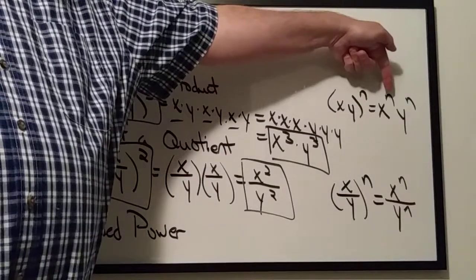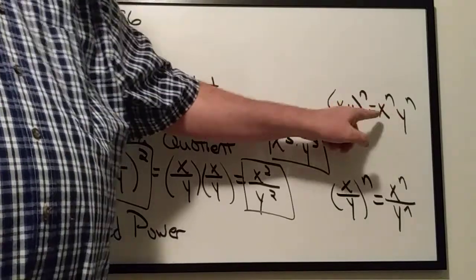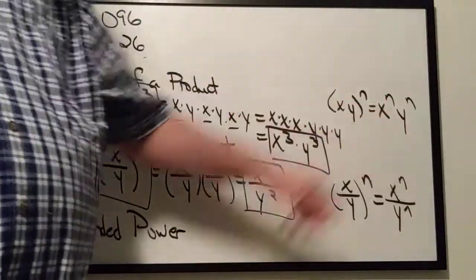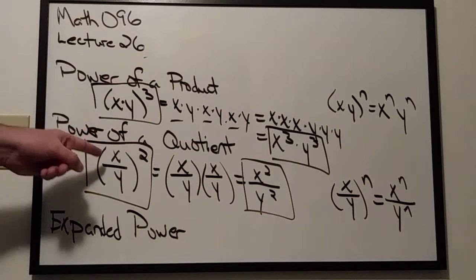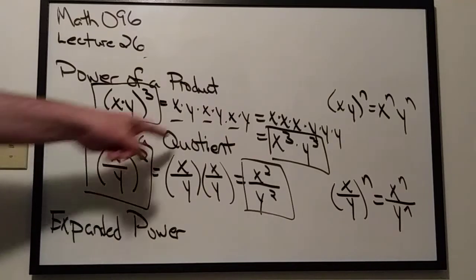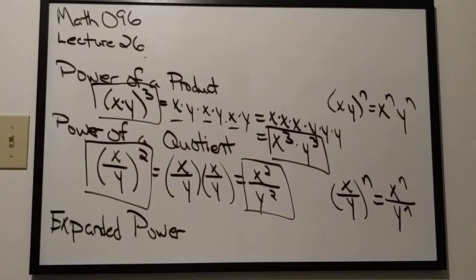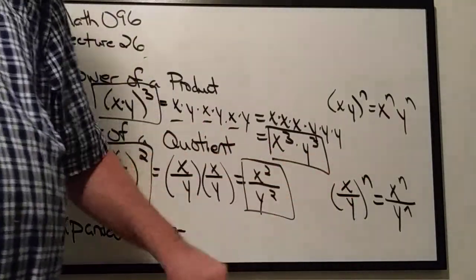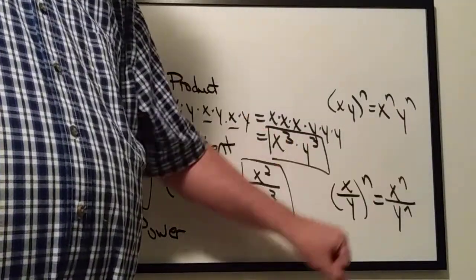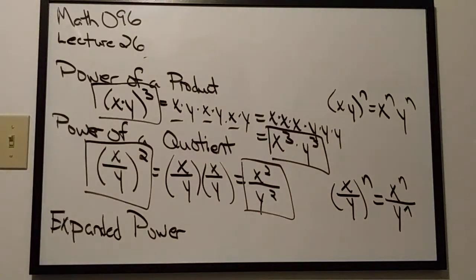And the n gets its copy of the x, the x gets its copy of the n, and the y gets its copy of the n. And if you have the x and the y connected by division, when they're a quotient, we can do the same thing. x divided by y to the nth power, the x gets its version of the n, and the y gets its version of the n.